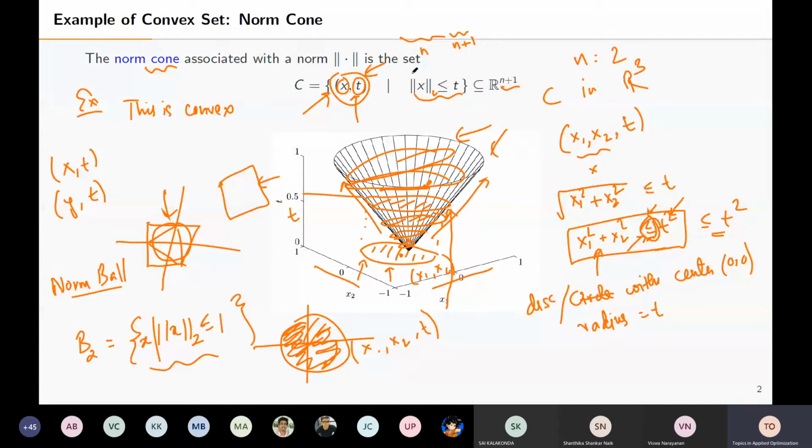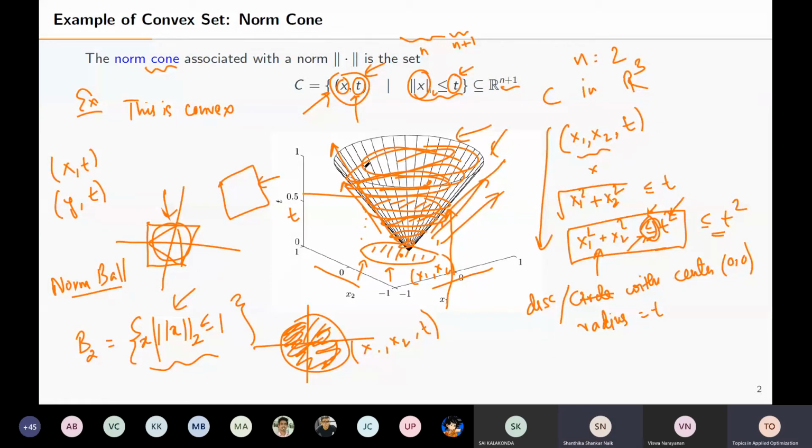The thing that is very different is that the first n components get related to the n plus 1th component, and that is why you get this unique shape. The explanation is just what I said, and I just proved it: as the height t is increasing, your disks are getting bigger and bigger. That's the only change, so it will look like a cone.